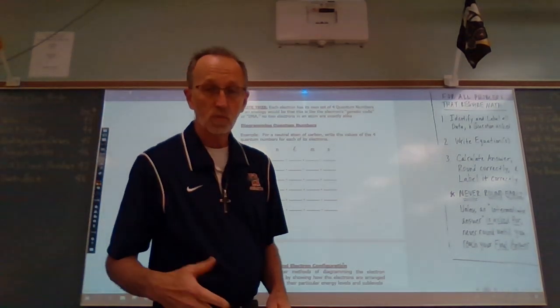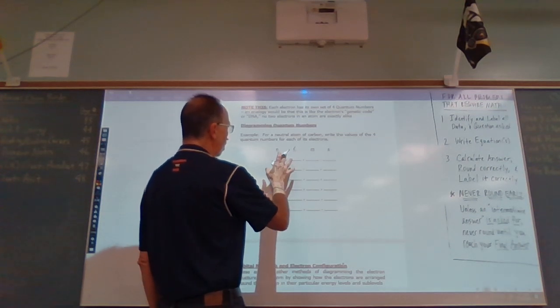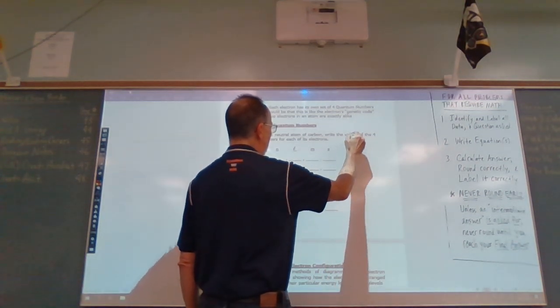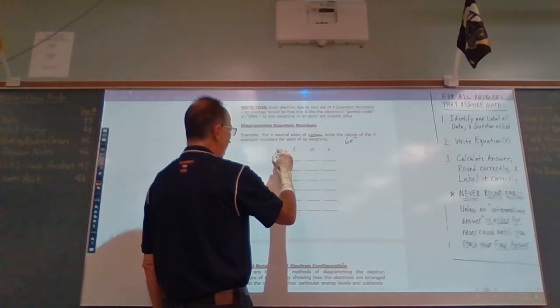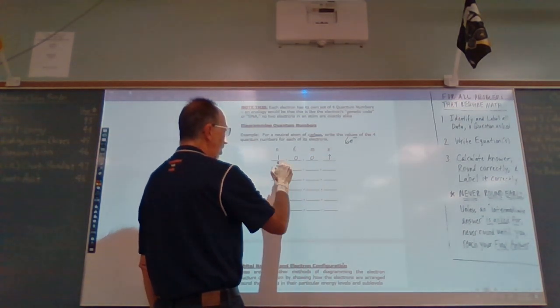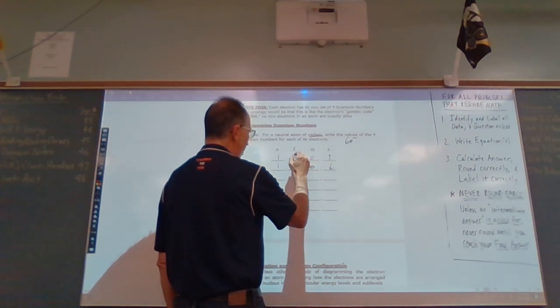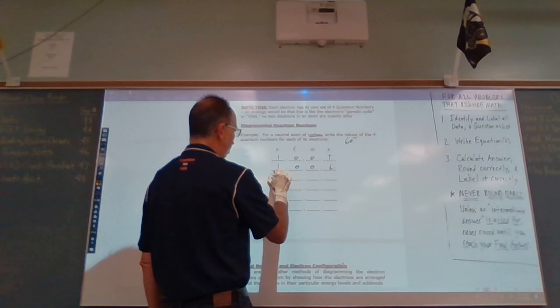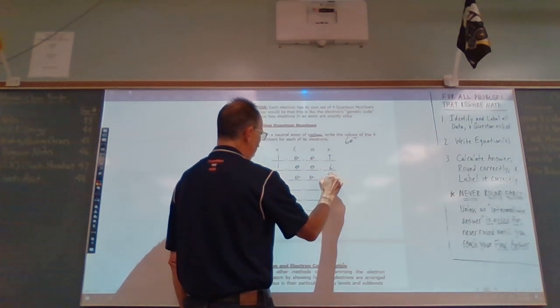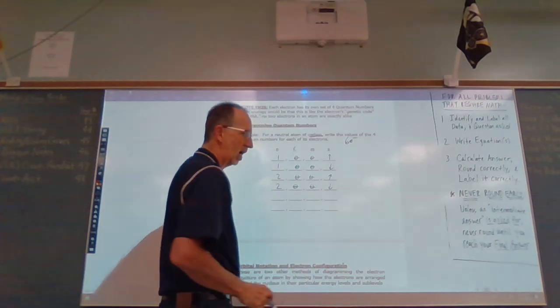As a quick review, we'll fill these back in. Remember, for carbon, it had 6 electrons. So we had 1, 0, 0 clockwise and 1, 0, 0 counterclockwise. And then we had 2, 0, 0 clockwise, 2, 0, 0 counterclockwise.